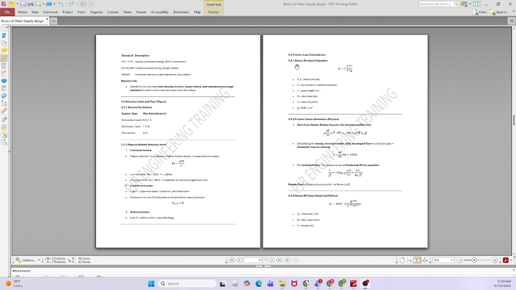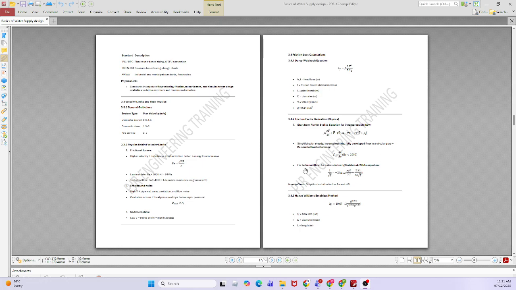Here you can use the Darcy-Weisbach equation. This is the equation, and you can see the definitions here. Then the friction factor derivations are based on the physics. This is all just for understanding purposes. Maybe we will not use it because we have a chart.